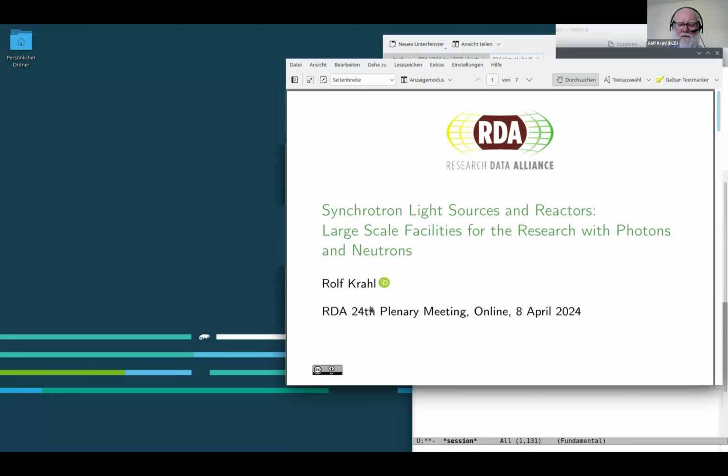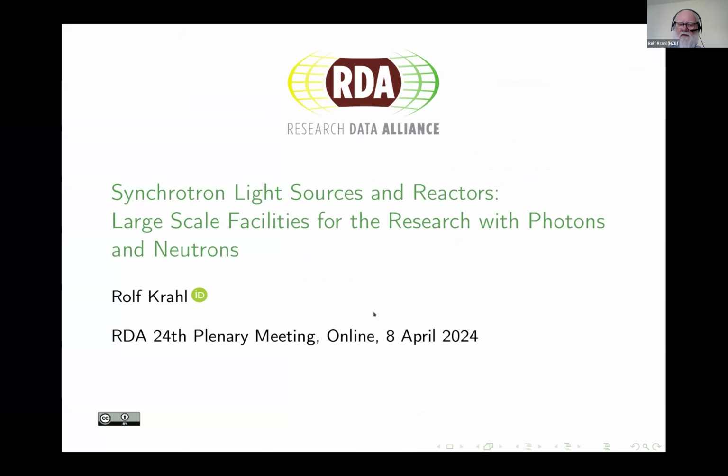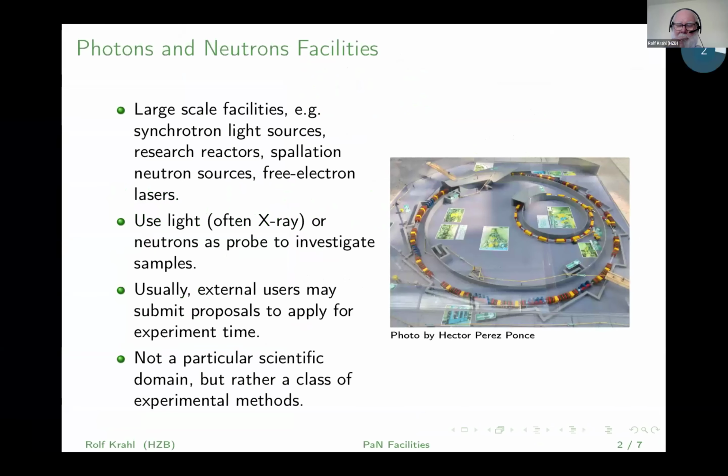And I want to present the view in the photon and neutron community. That community operates large-scale facilities like synchrotron light sources, research reactors, spallation neutron sources, or free electron lasers. What the instruments in these facilities do is use light, often X-ray, or neutrons as a probe to investigate samples.